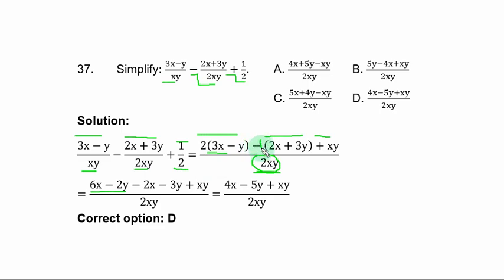For instance, minus 1 times 2s, you have minus 2s, minus 1 times plus 3y, you have minus 3y, plus sy. You add like terms: 6s minus 2s, you have 4s. Now, minus 2y minus 3y, you have minus 5y. sy has no common term, it appears the way it is. If you check the options, option D is correct.